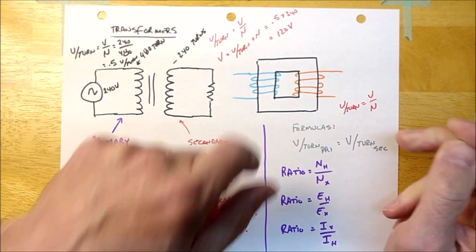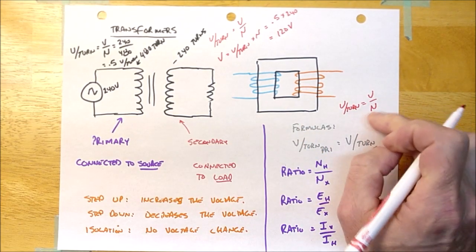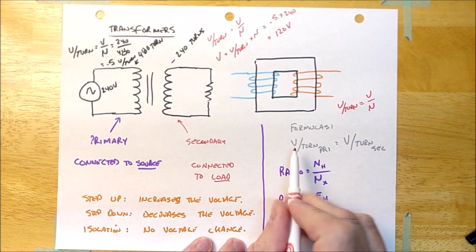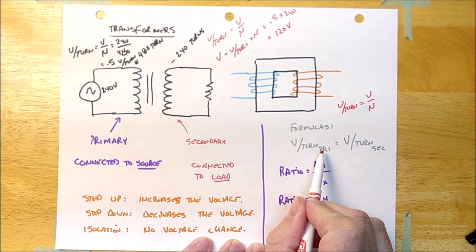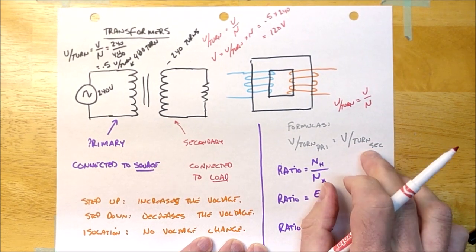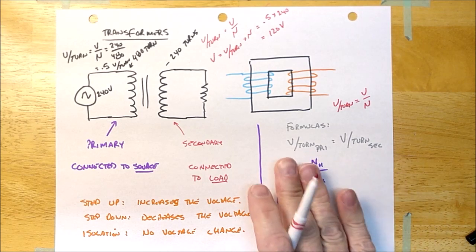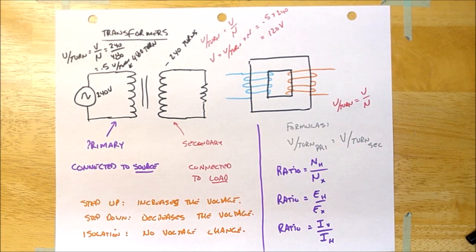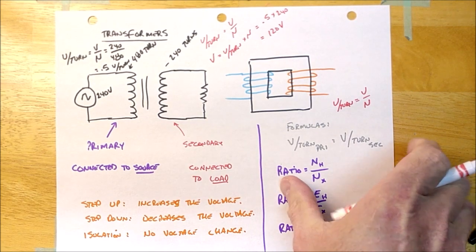And we're just going to call that number of turns N. All right, guys? And the volts per turn on the primary will always equal the volts per turn on the secondary. All right, guys? So forget about these formulas for right now. Let's see if we can figure out what's going on with this formula on this little example right here.